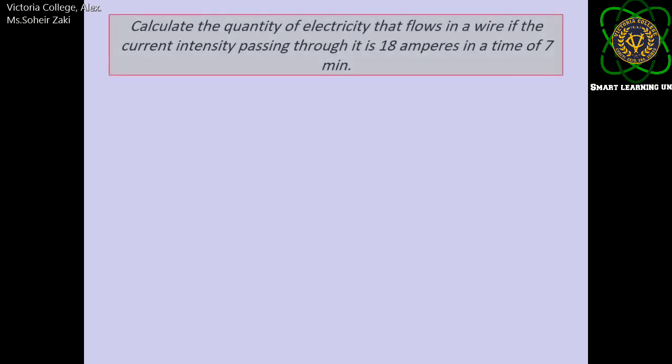Another example, calculate the quantity of electricity that flows in a wire. So we have to calculate the Q, if the current intensity passing through it is 18 amperes, so I equals 18 amperes, in a time of 7 minutes, and as we have seen before, the time must be converted into seconds. Let's see our solution.